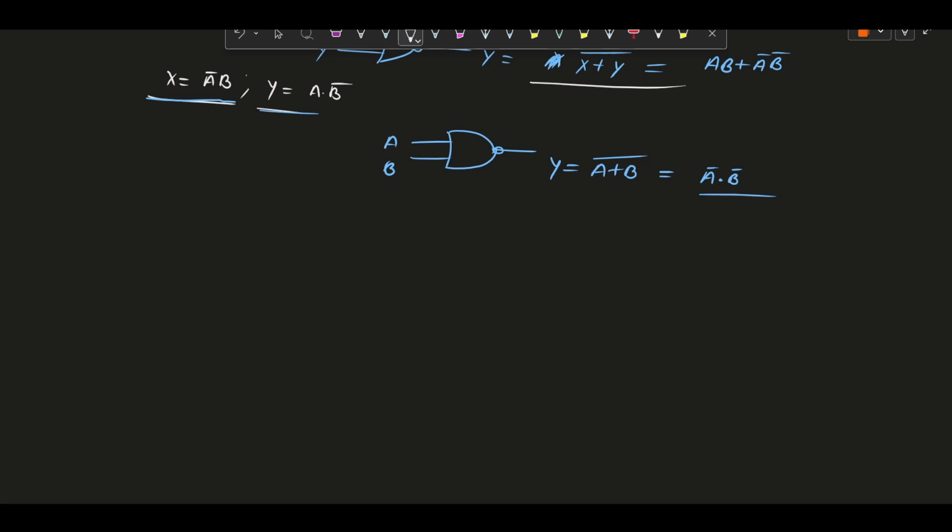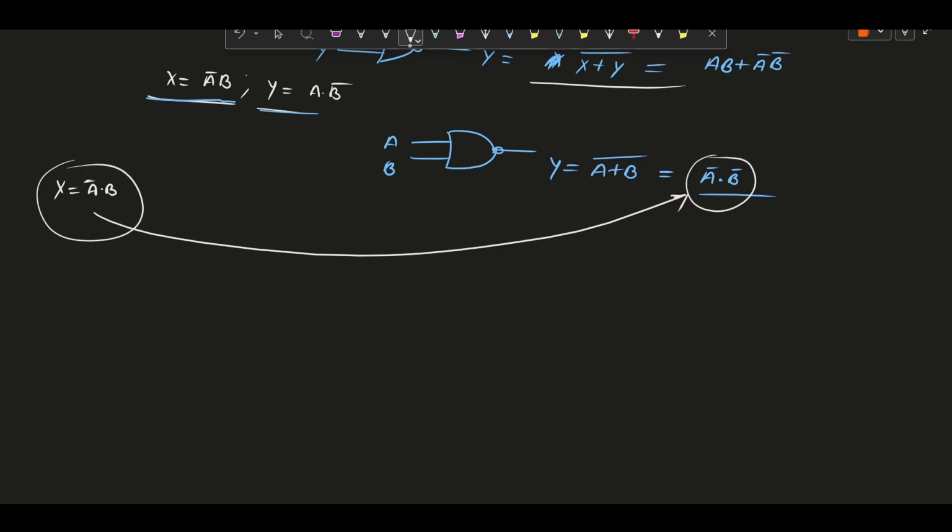Now tell me one thing, we need X, meaning A complement into B, from this expression. So what can we change in this expression so that we will get this, but we need to use NOR gate. Okay.